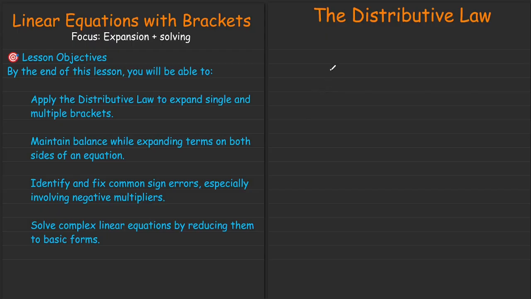The distributive law says if you have a term in front of a bracket, that is to say A into bracket B plus C, then all we need to do is to distribute the outer term, that is the coefficient of the bracket, over all the terms inside the bracket, so that A multiplies B to give us AB, and A multiplies positive C to give us positive AC. That is all the distributive law is saying.